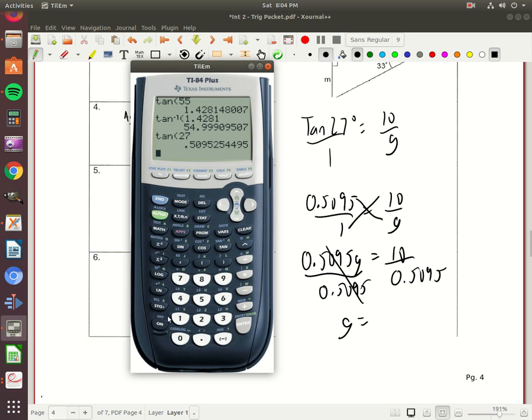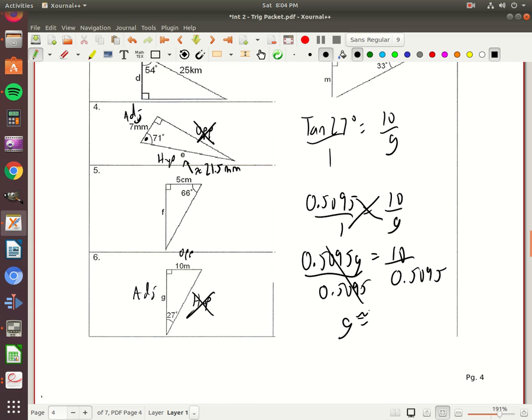And I'll just grab my calculator. 10 divided by 0.5095 is going to give me 19.6, let's call it about 19.6 meters. And that is how we use trig to get side lengths.